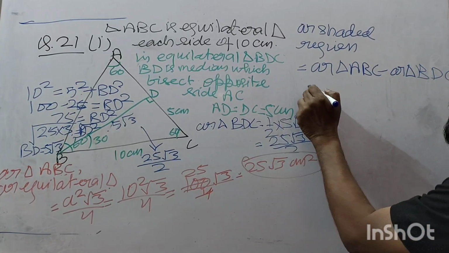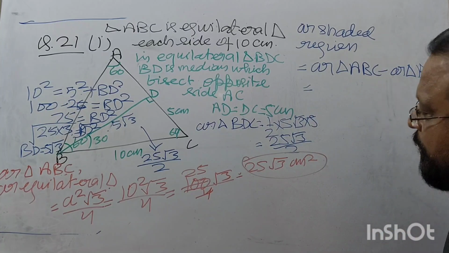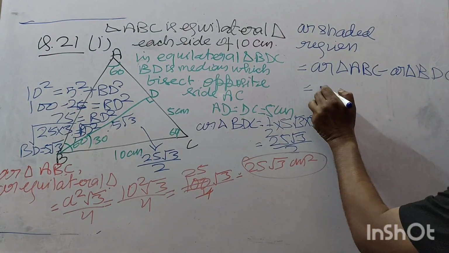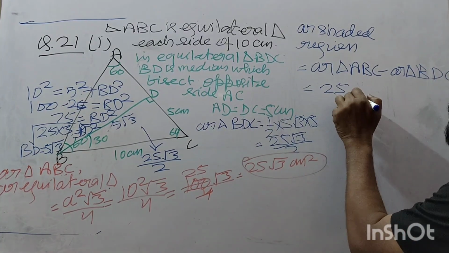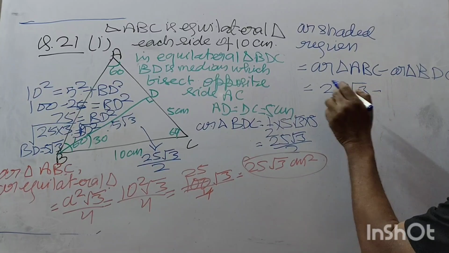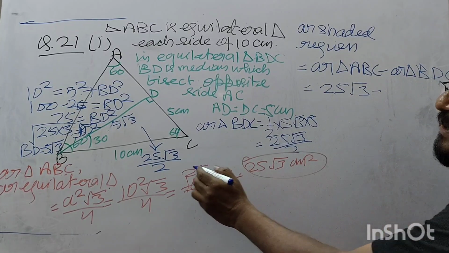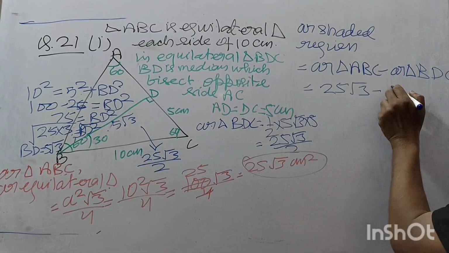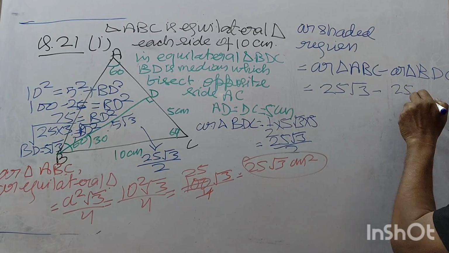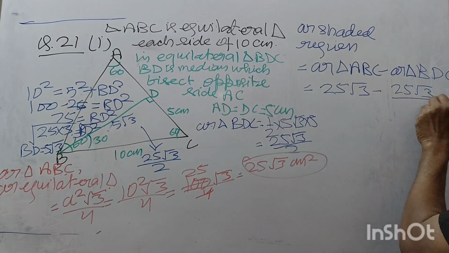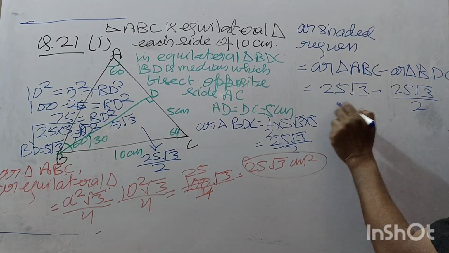So area of triangle ABC is 25 root 3 minus area of triangle BDC, which is 25 root 3 by 2.